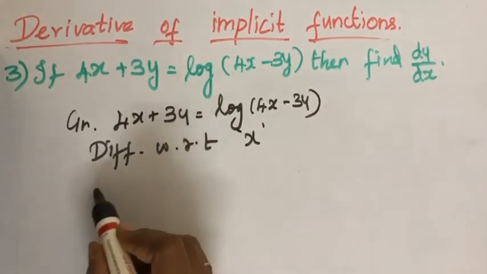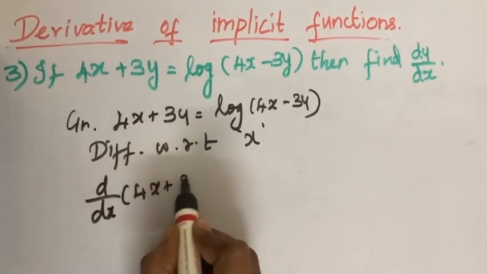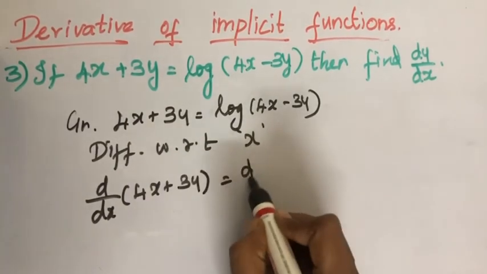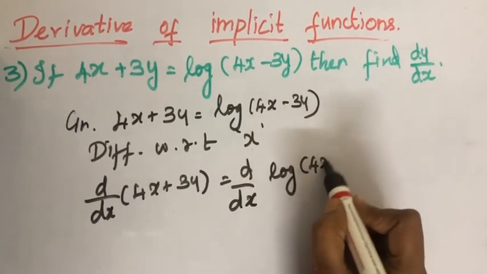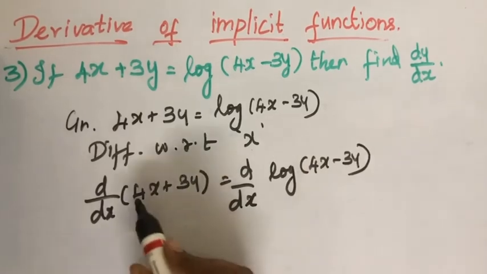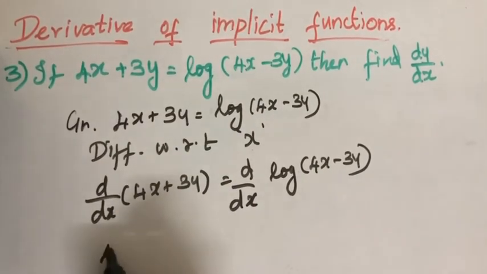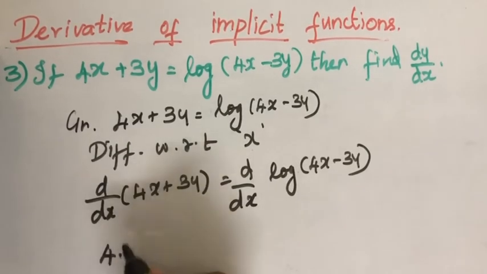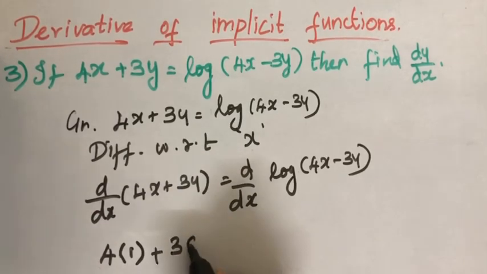Okay. So while differentiating the left side, d by dx of 4x plus 3y, and similarly d by dx of log(4x minus 3y). While differentiating the left side, first 4 into differentiating x with respect to x, I get 1, plus 3 into differentiating y with respect to x, I have dy by dx.